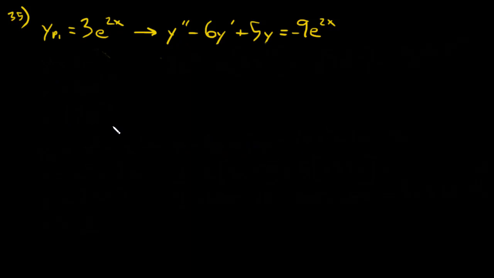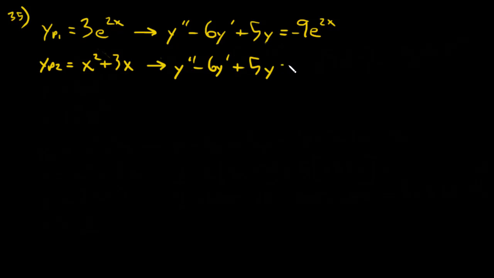Okay, and what I will actually rewrite is going to be y sub p2. That was equal to x squared plus 3x. And that one was y double prime minus 6y prime plus 5y equals 5x squared plus 3x minus 16.